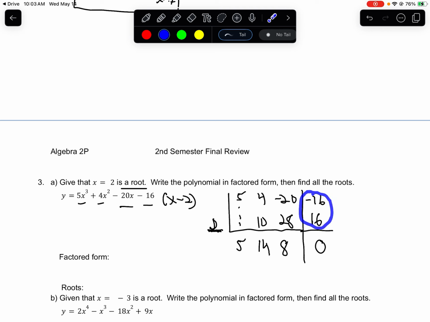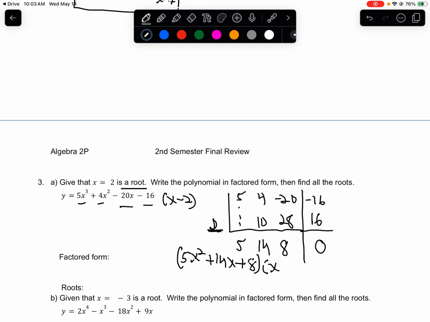Negative 16 plus 16 does indeed give us 0. So we know that these are the coefficients of one power less than what this was. Since that was x cubed, this is now going to be 5x squared plus 14x plus 8. And then the other factor is x minus 2.